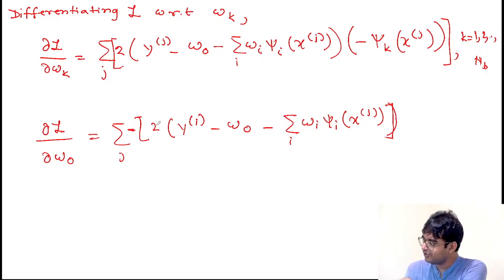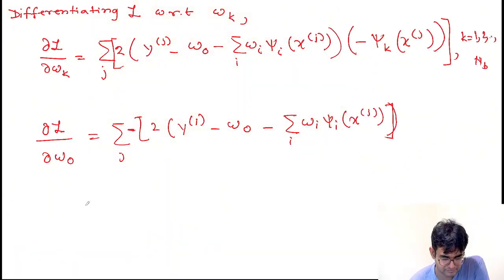How many equations do you have? NB plus 1. How many unknowns? NB plus 1. So you have NB plus 1 unknowns and NB plus 1 equations. You can solve it, and you can get the solution for the W's.